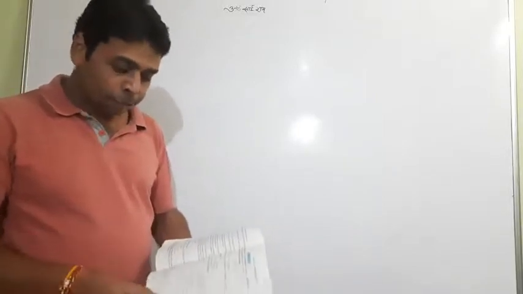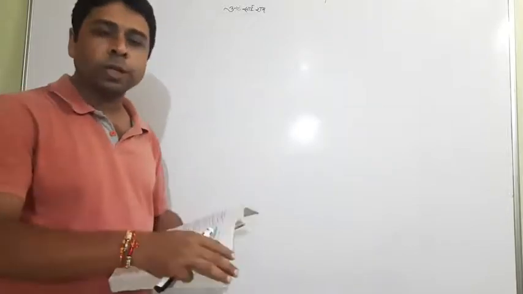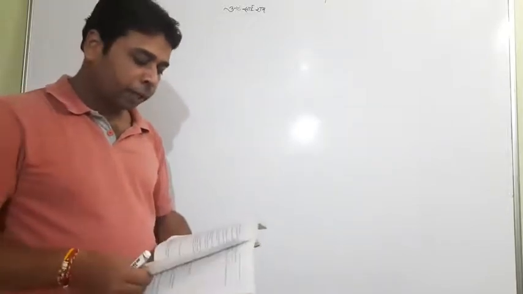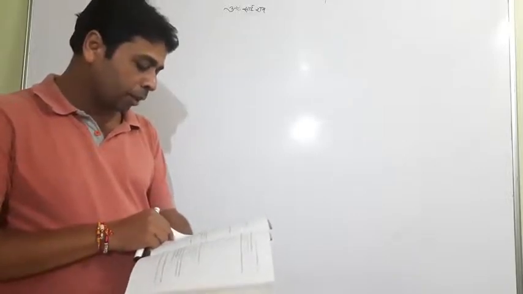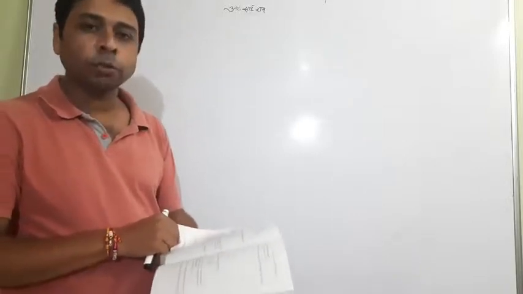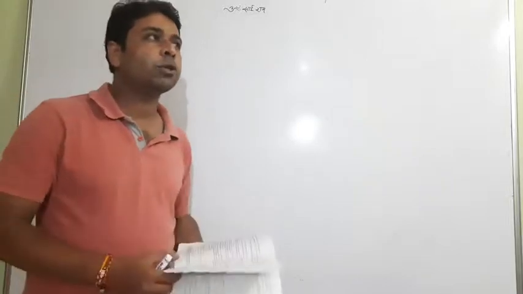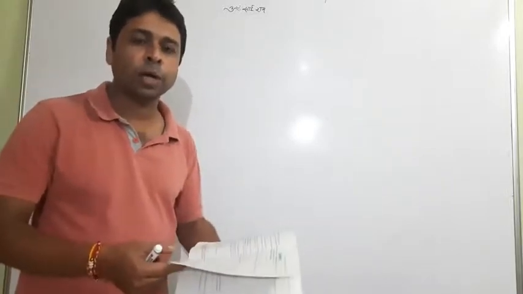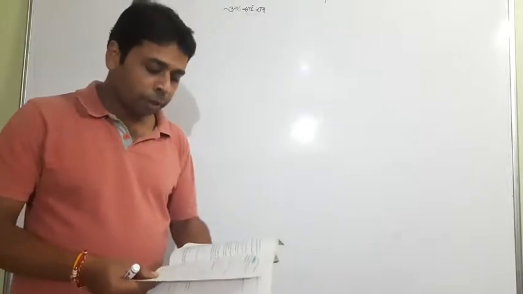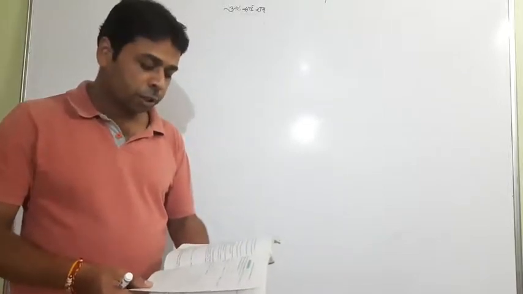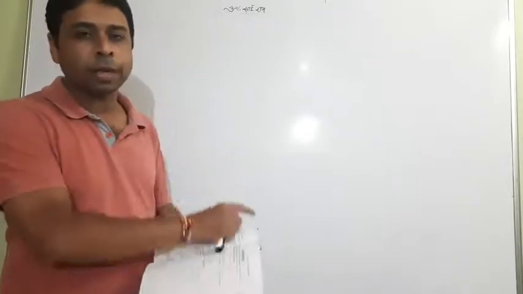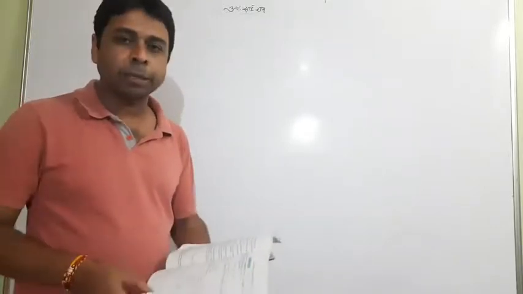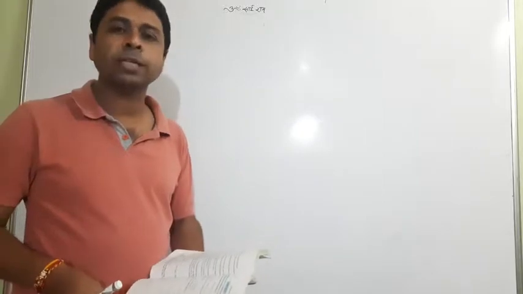But based on the questions already done till now, you can start exercise 5.1 and do up to question 22. When you hear there are 22 questions, they are all very easy, because they can be done based on all the concepts and examples. So do it from your side. Tomorrow we'll take up some important questions.